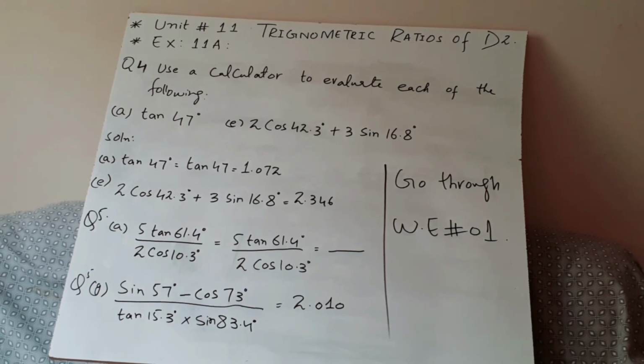You can calculate B, C, D, all the parts using this. In E part, it is given 2 cosine 42.3 degree plus 3 sine 16.8 degree.